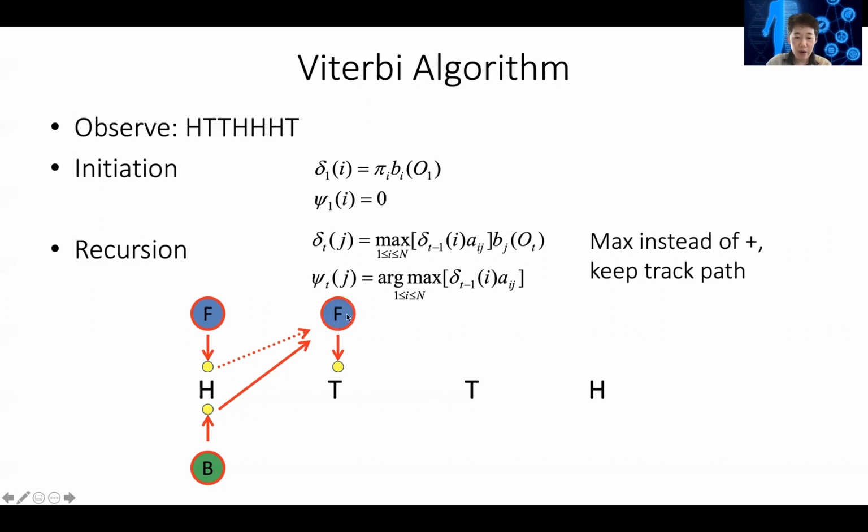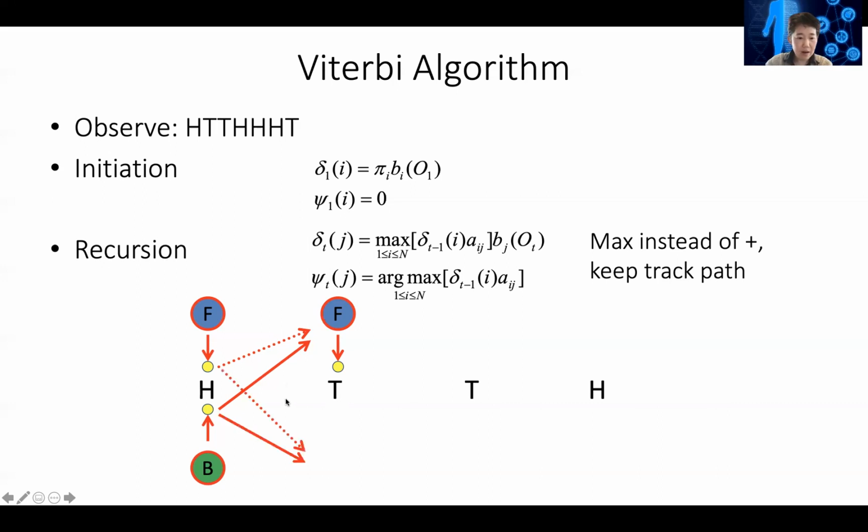So basically you only use this previous delta number multiplied by this particular transition probability, and then multiplied by the emission probability from the fair coin to emit a tail. And then you keep track of this new delta number here.